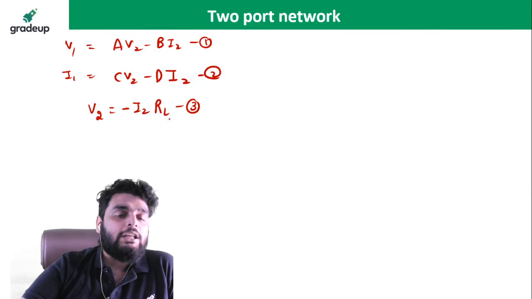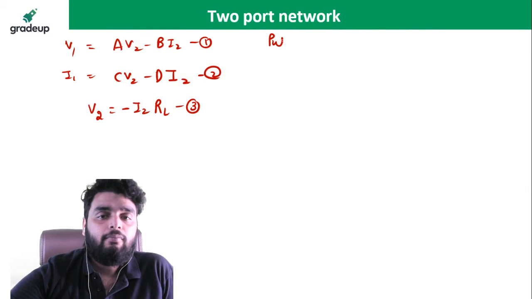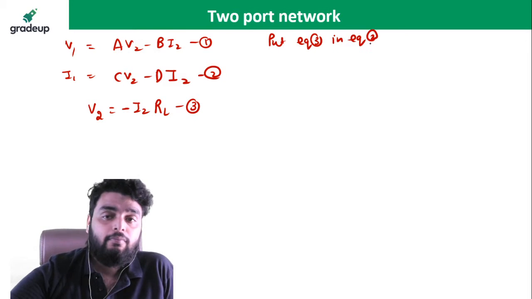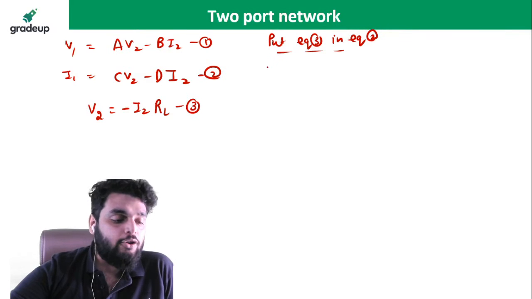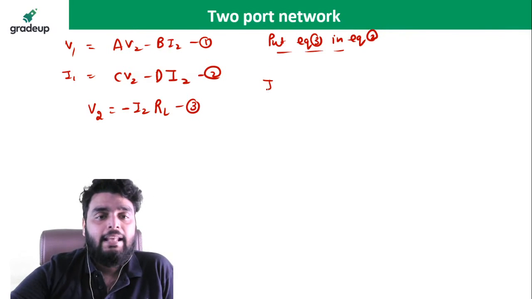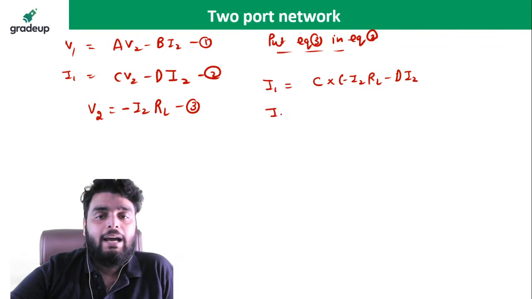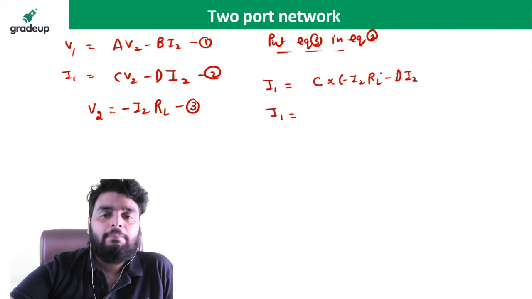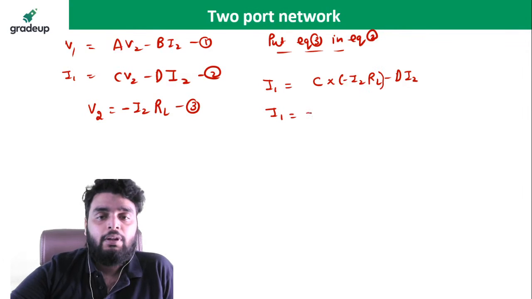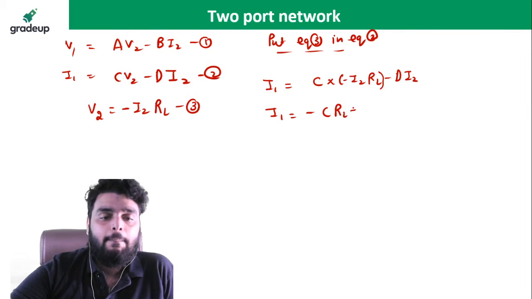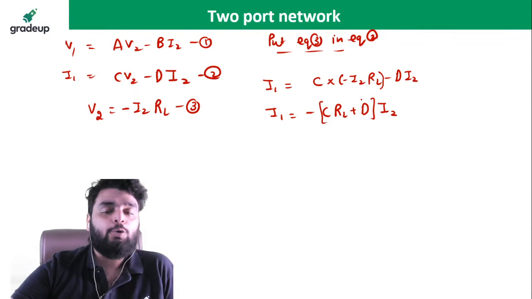Now put equation 3 in equation 2. What will come? I1 is equal to C multiplied by minus I2 RL minus D times I2. Taking minus I2 common, it comes out to be minus (CRL plus D) times I2.